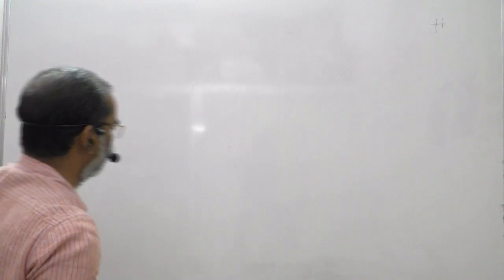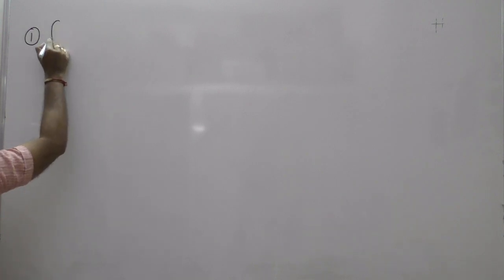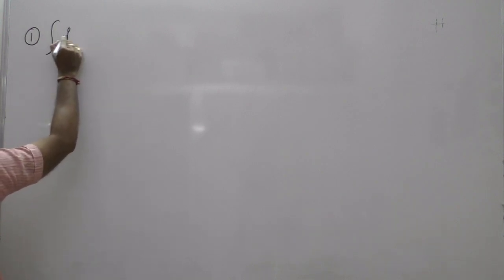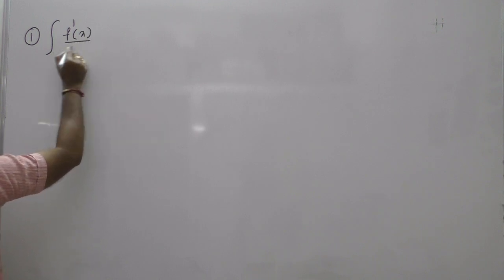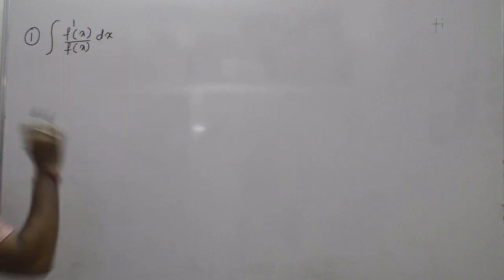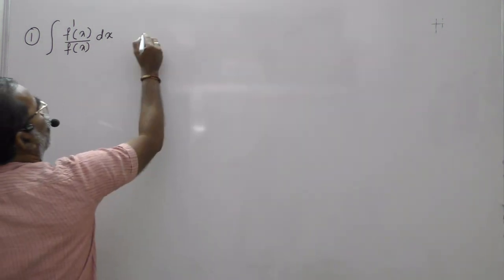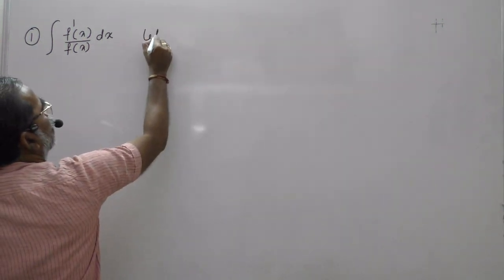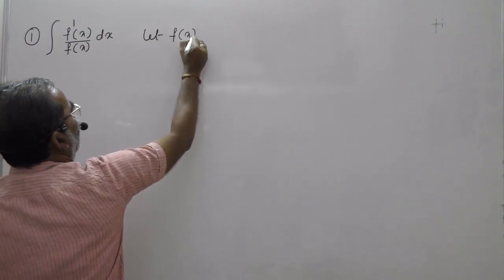We will see one more. Please see. Number 1. Integral f dash x divided by f of x into dx. Yes, this is another integral. Listen, here I will take the substitution f of x is equal to t.